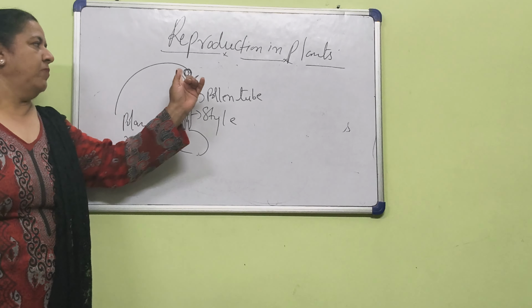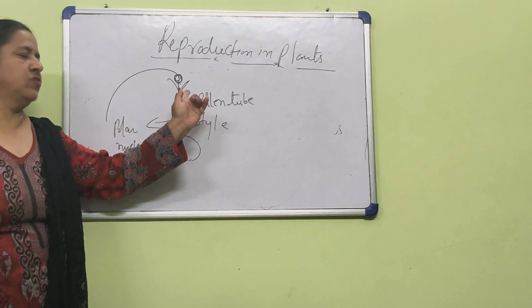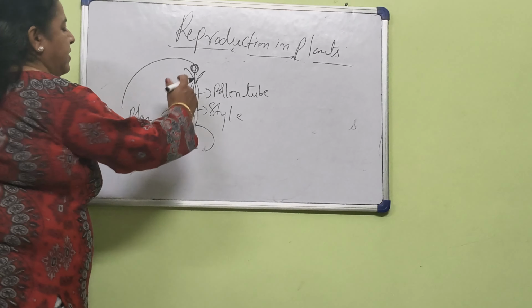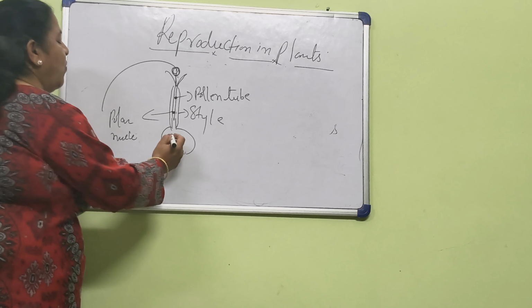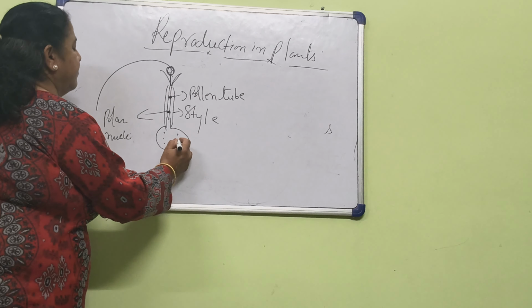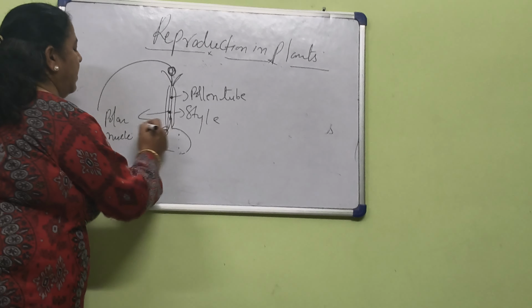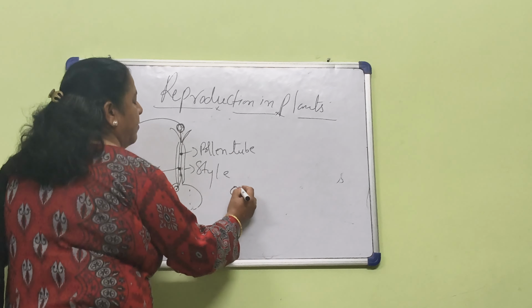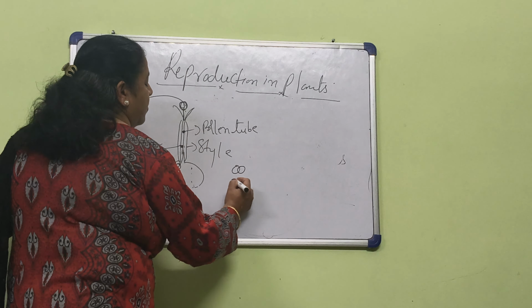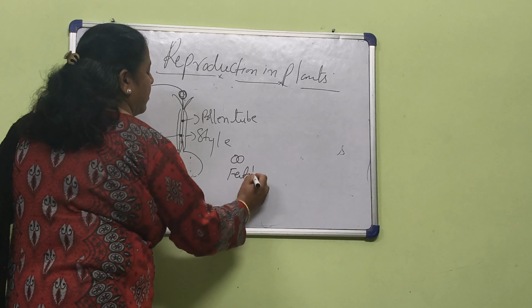Again repeating. After pollination, the pollen grains reach the stigma of the flower and form the pollen tube. It consists of two polar nuclei. So one polar nucleus will attach to the female gamete in the ovule. The fusion of male gamete and female gamete is called fertilization.